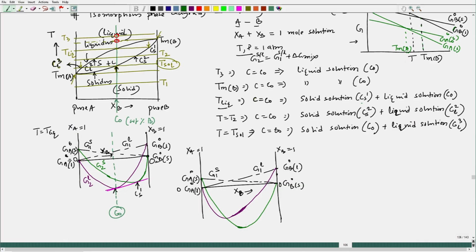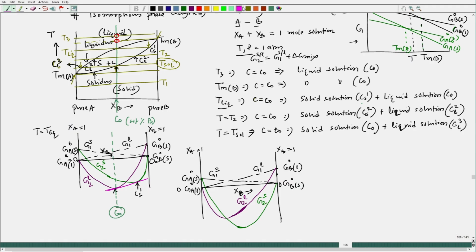Okay, solid line is like this. So, if I draw a common tangent, the common tangent, and this is G2 liquid and this one is G2 solid, and then that means solid solution.